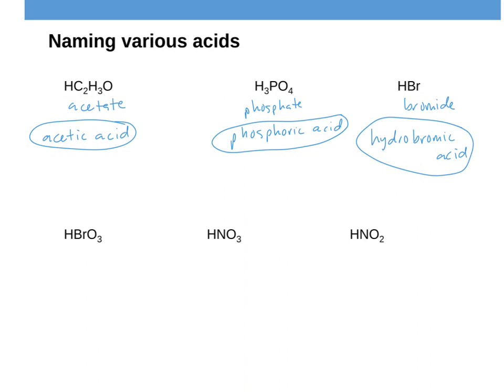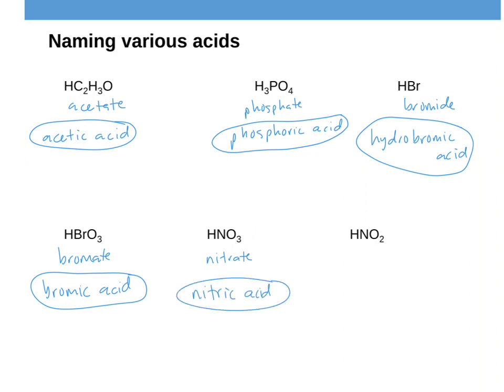Now here we have hydrogen bromate. So now this is bromic acid. Ate turns into ic. And we have nitrate as the polyatomic anion. So now it's nitric acid. Nitric acid.